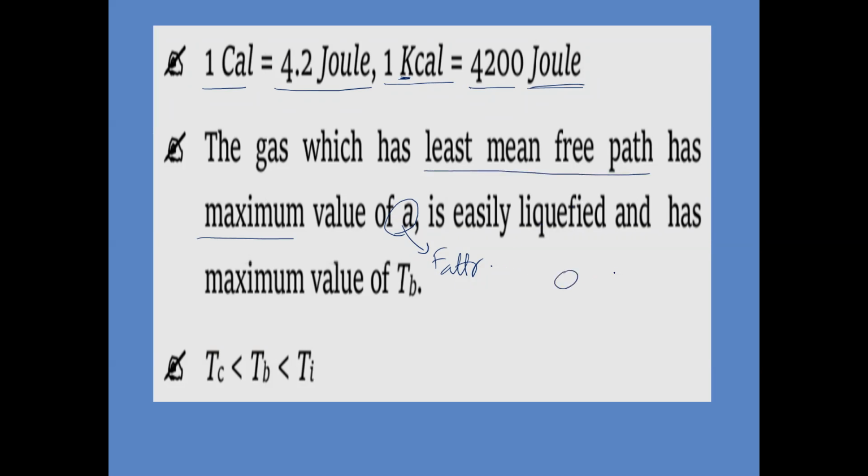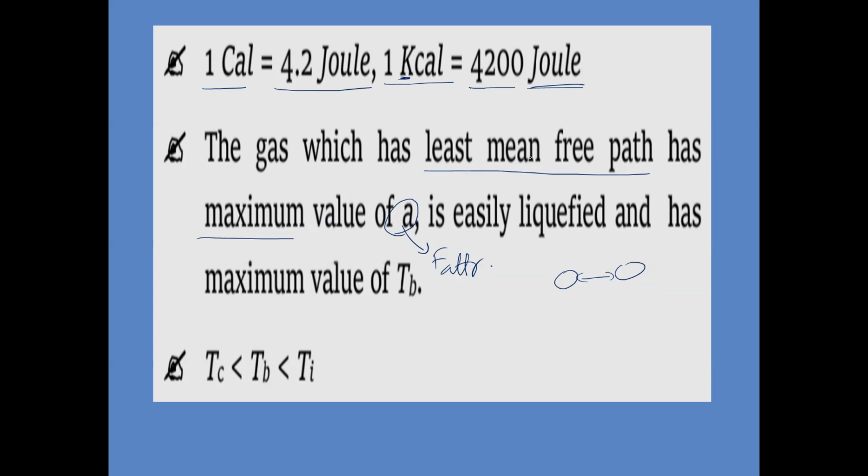Mean free path means the distance traveled by a gas molecule between two successive collisions. So if the mean free path is least, then the maximum A value will be there.